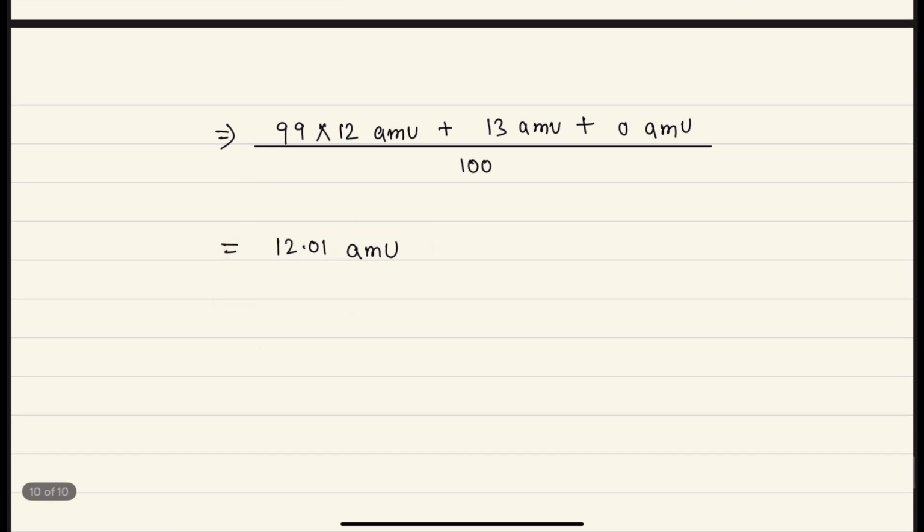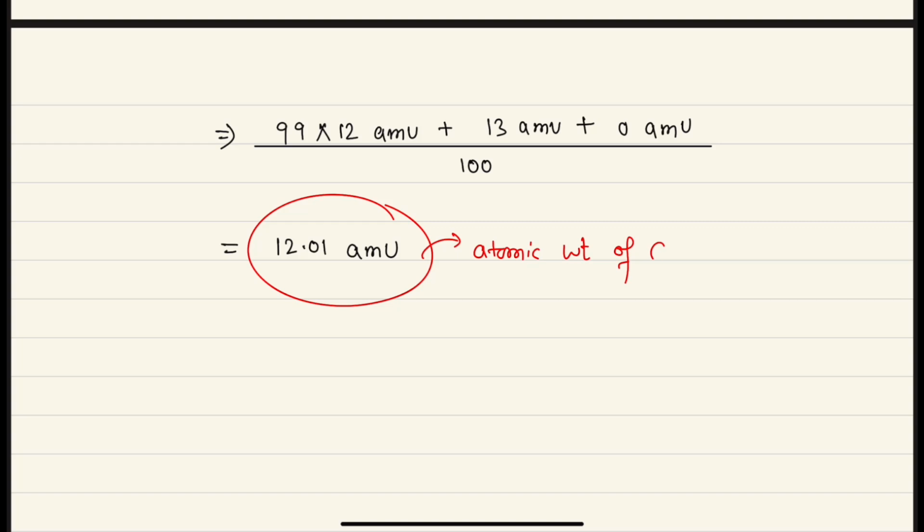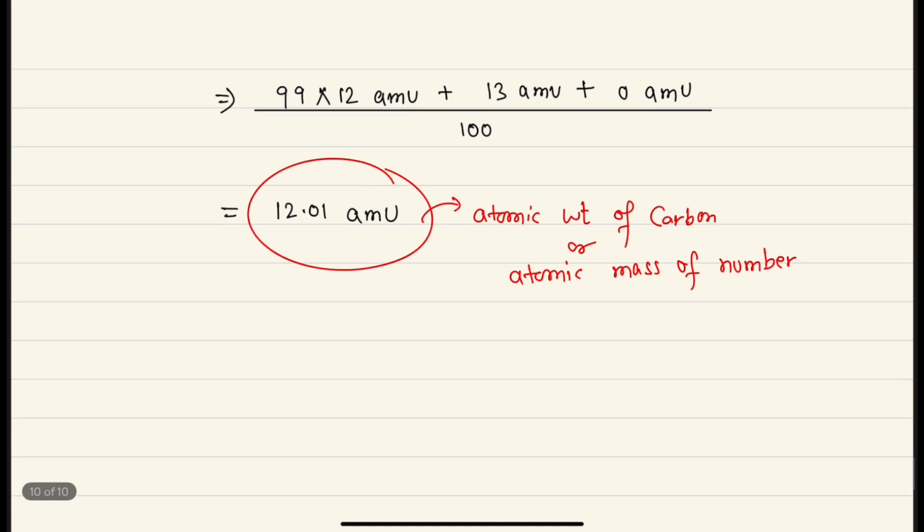And this is your atomic weight of carbon or atomic mass of carbon. Very simple, okay? Understood? I hope it's clear now.